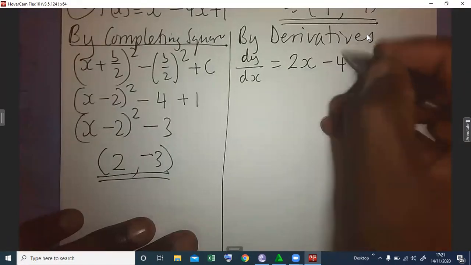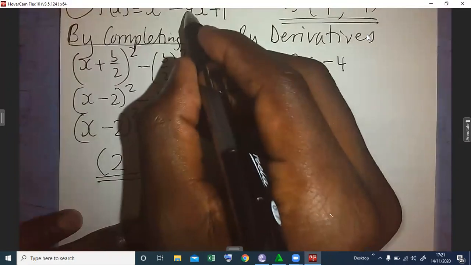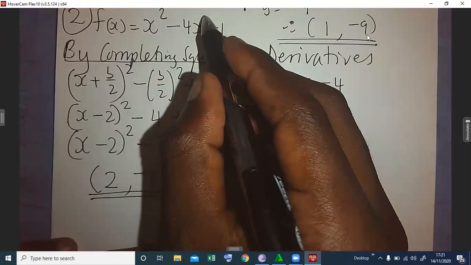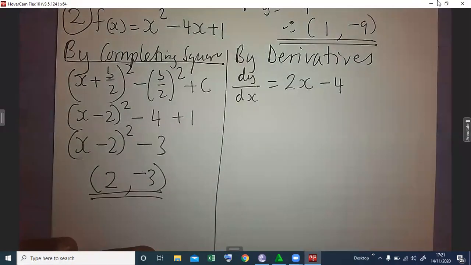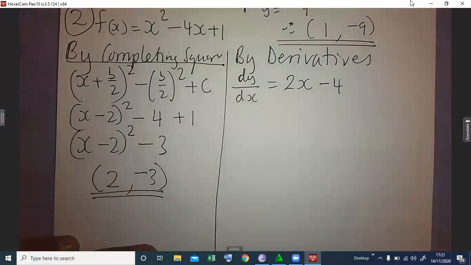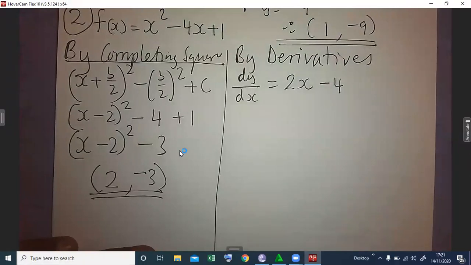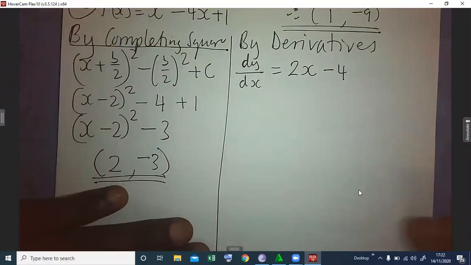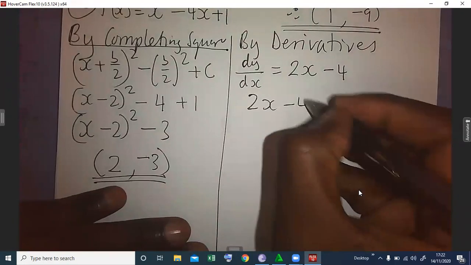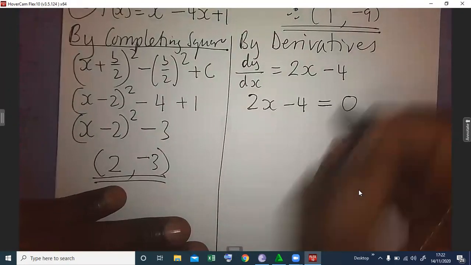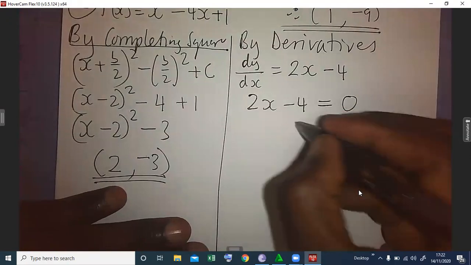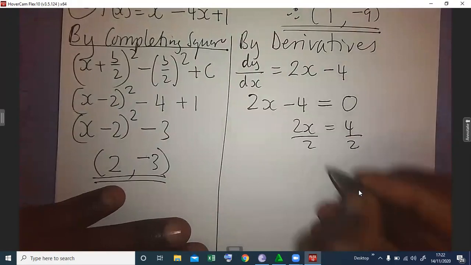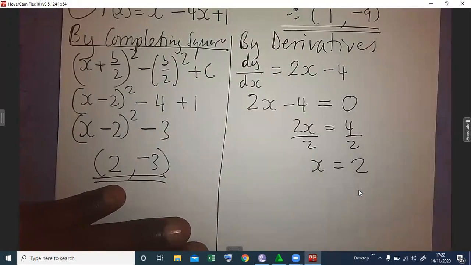Then minus 4, because here there's 1 times 4 is 4, and then 1 minus 1 will be 0. So when we want to find the turning point, always this has to be equal to 0. Hence, I have 2x is equal to 4, divide by 2, and my x is 2.